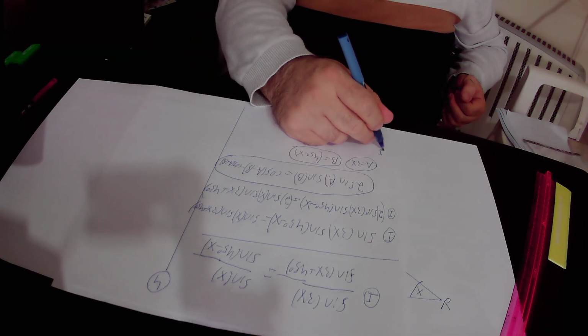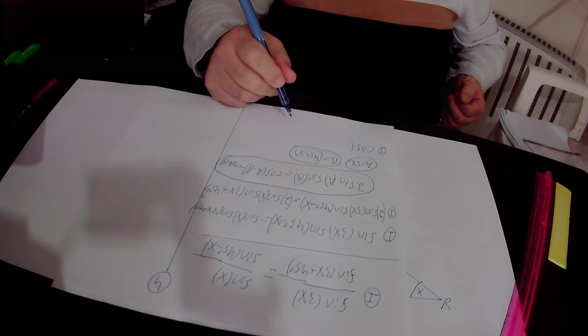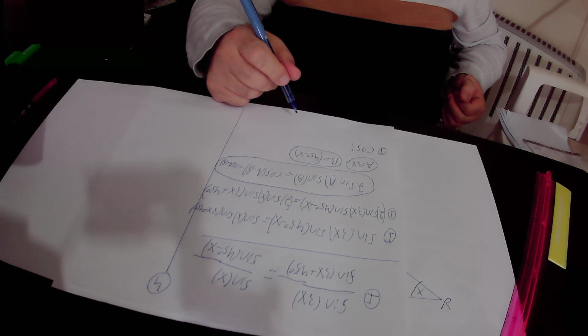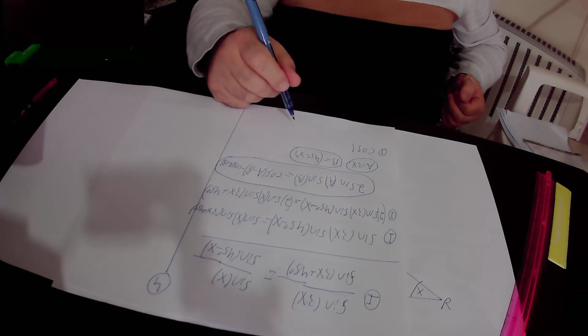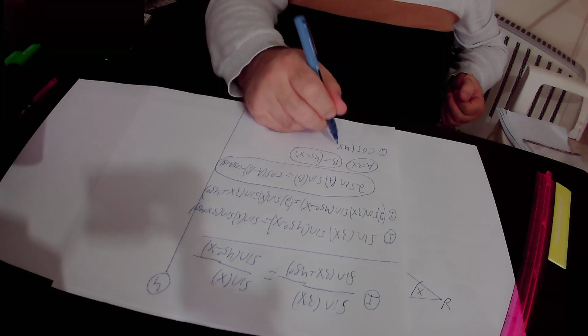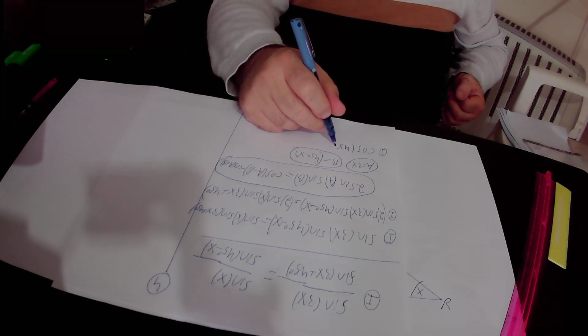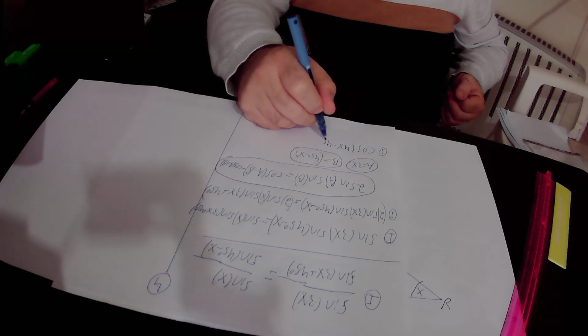That is to say, cosine of (A minus B), where A is 3x and B is 45 degrees minus x. So 3x minus (minus x) is 4x, and 0 minus 45 degrees is minus 45 degrees.